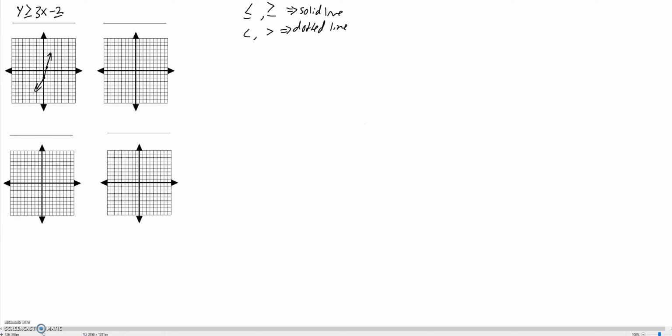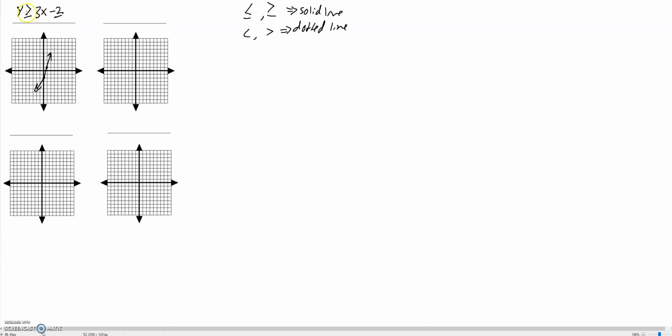Now, the key difference here from graphing lines is we need to determine which region we are going to shade. When we are dealing with regions that we need to shade, if it's y is greater than, we will shade above the line. If it's less than, we will shade below the line.